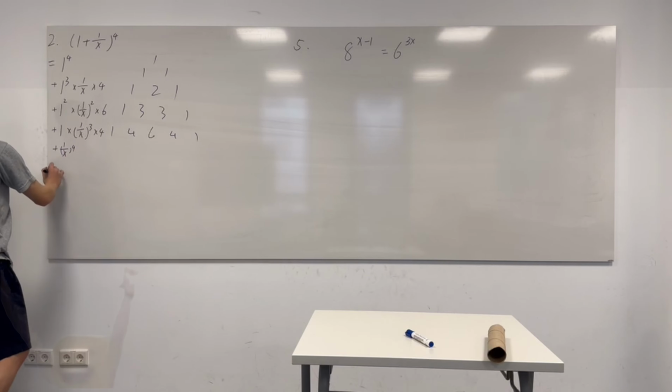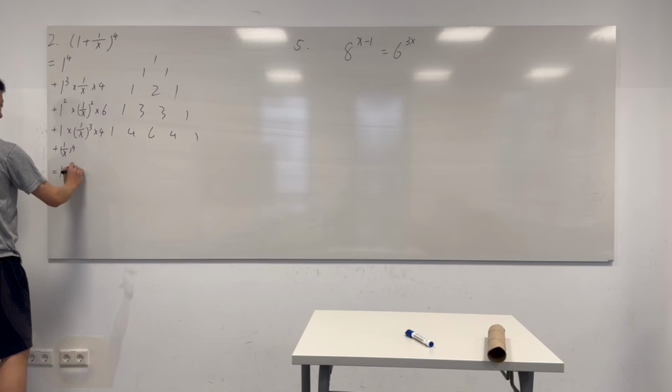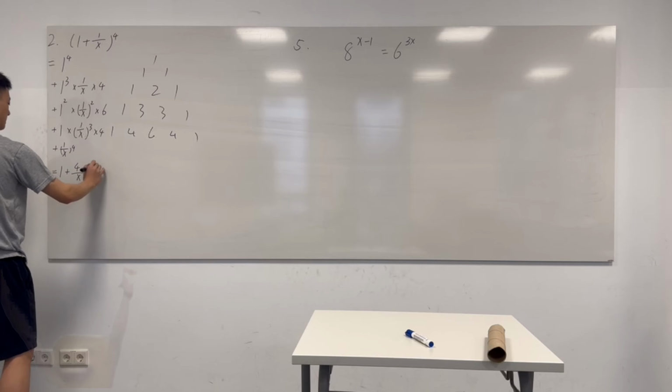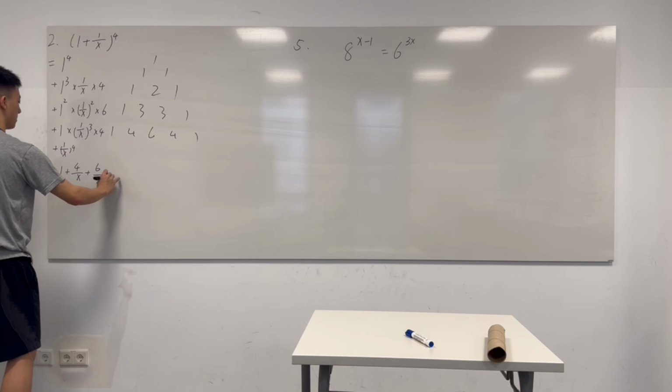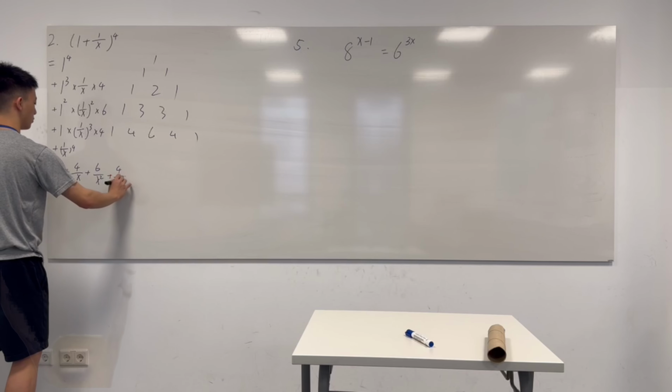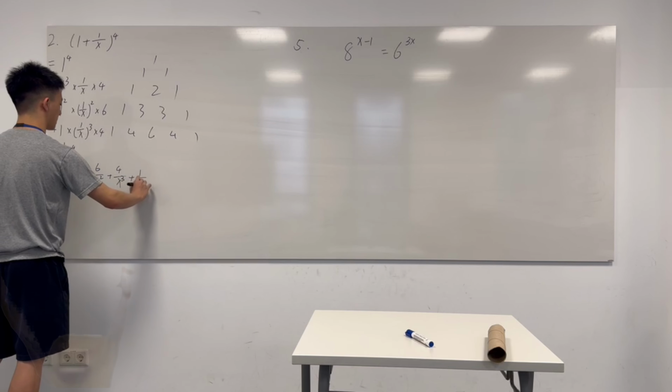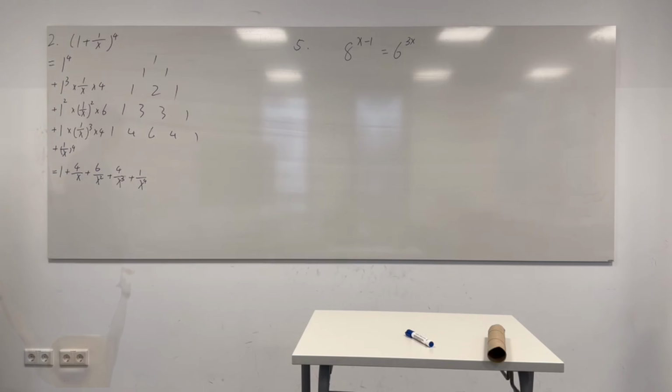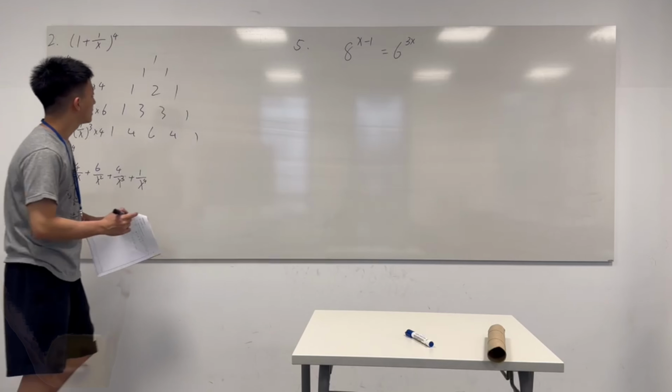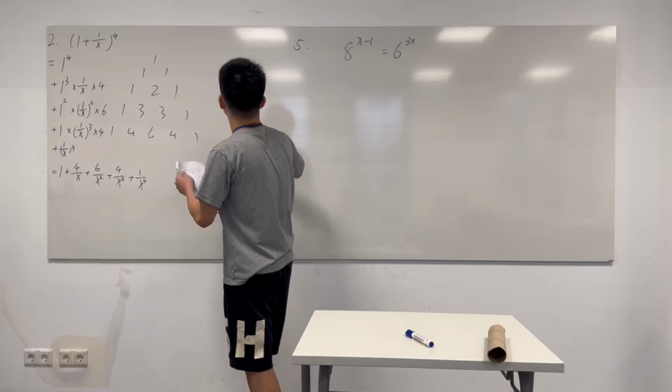Then simplify this, we can get 1 plus 4 over x plus 6 over x squared plus 4 over x cubed plus 1 over x to the power of 4. That's it. Then let's talk about question B.